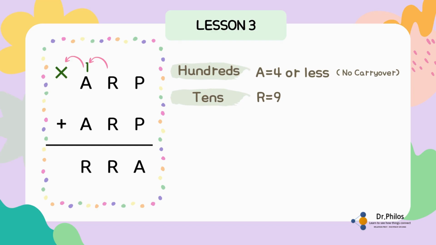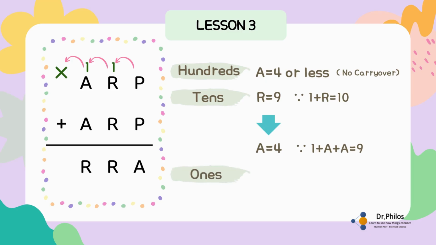Since it can't carry over by itself, a carryover must come from the ones place. Since 1 plus R must be 10, R is 9. Since R is decided, we can confirm A as well. A carryover of 1 came to the hundreds place. Since 1 plus A equals 9, A is 4.